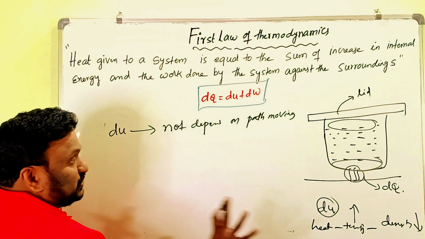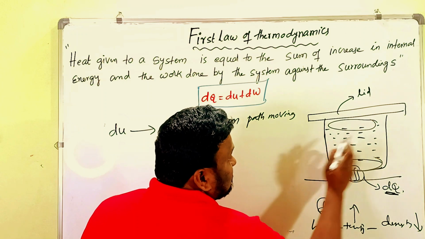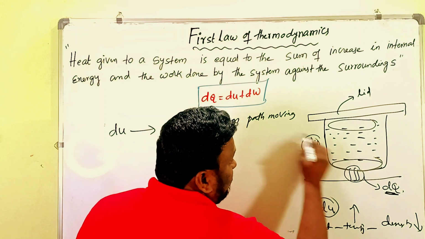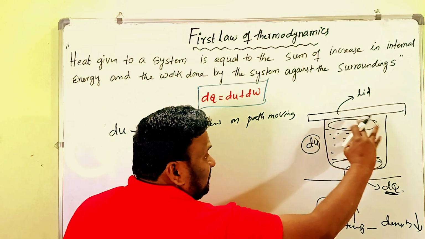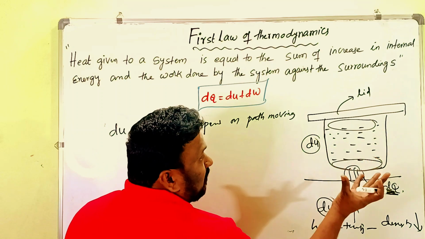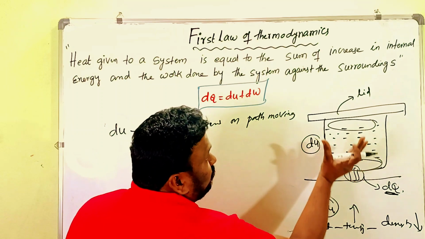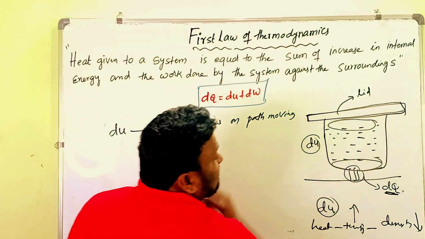So, children, the dq amount we supplied causes some changes, that is du, and when the molecules get heated, they can convert into vapor. The vapor wants to escape and makes the lid fly.